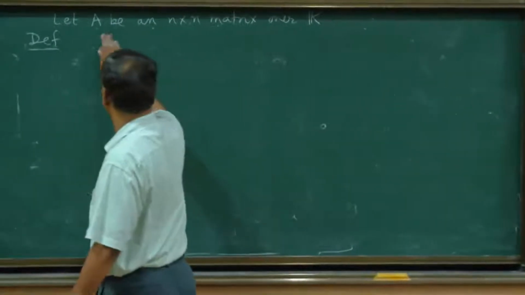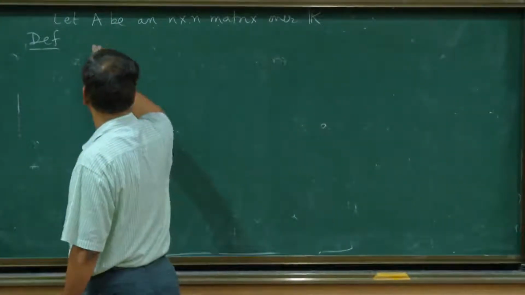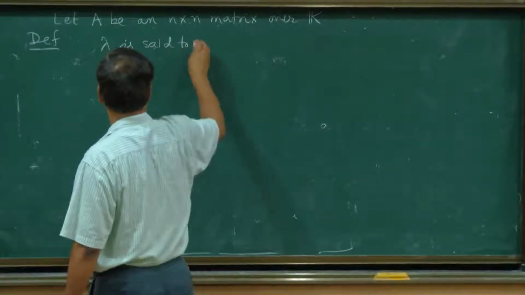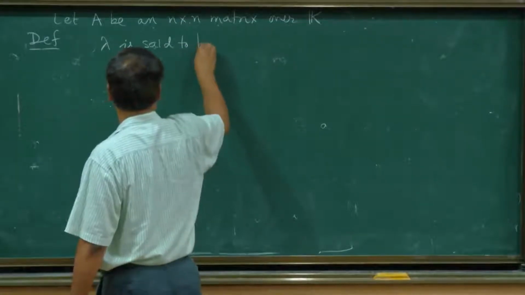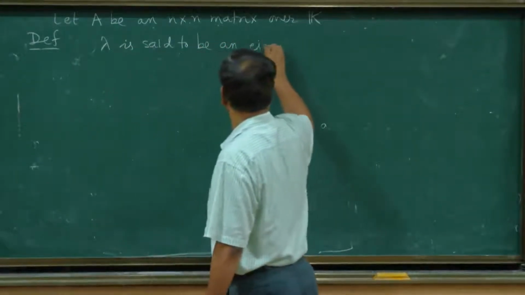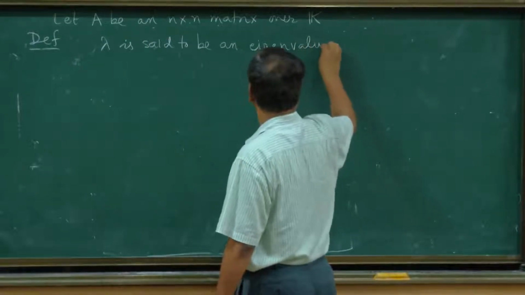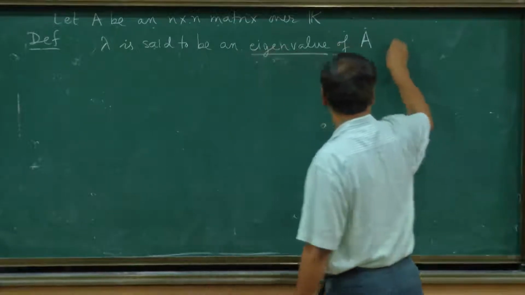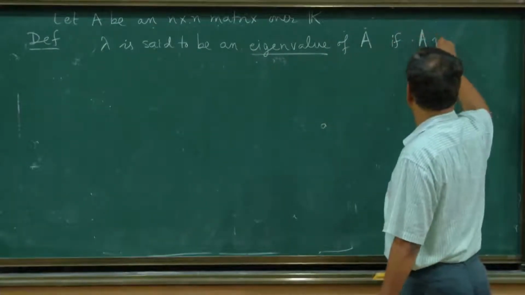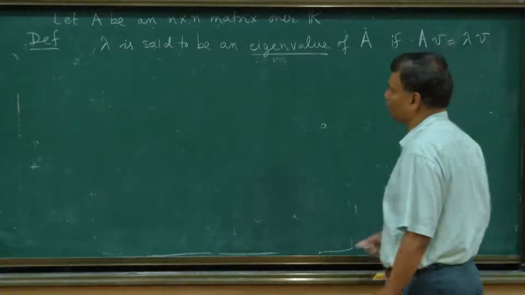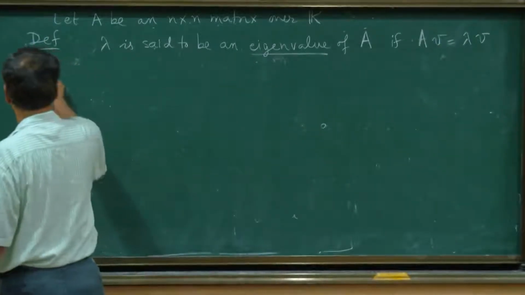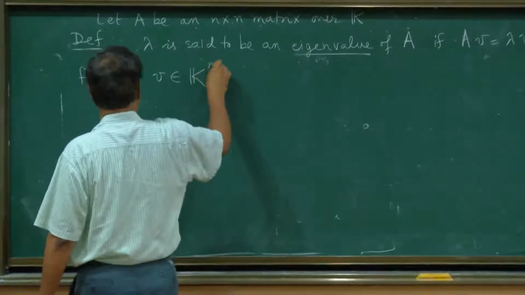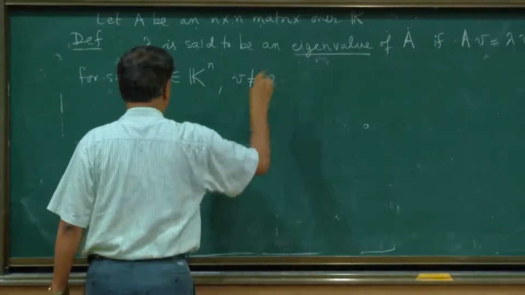Then a scalar lambda is said to be an eigenvalue of A if A times V is lambda times V for some V in K^n, V not equal to 0.